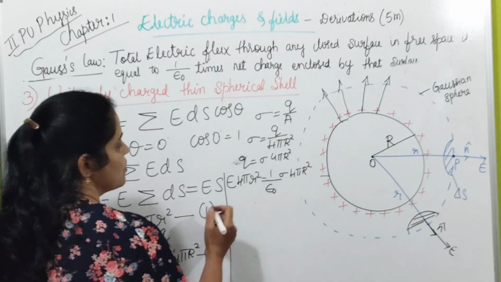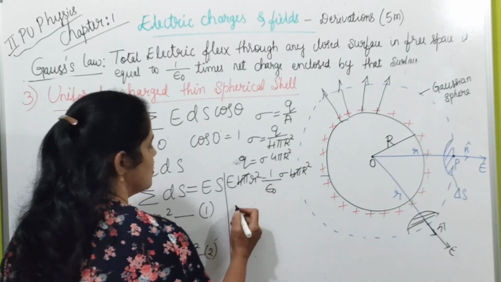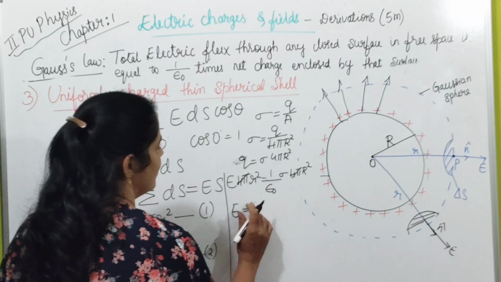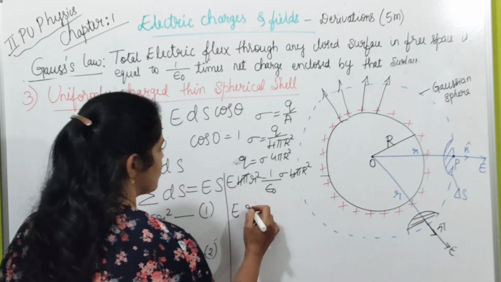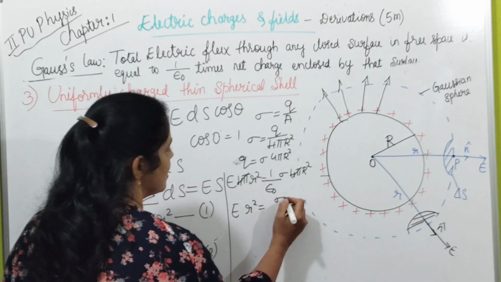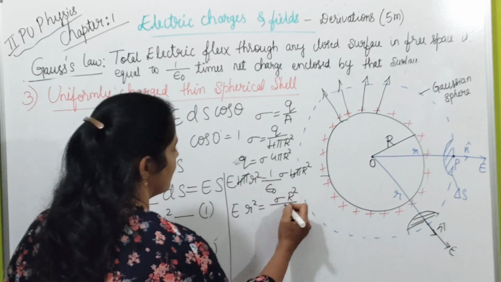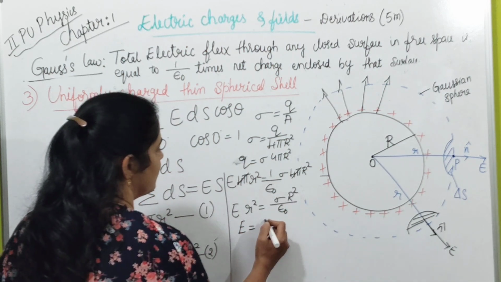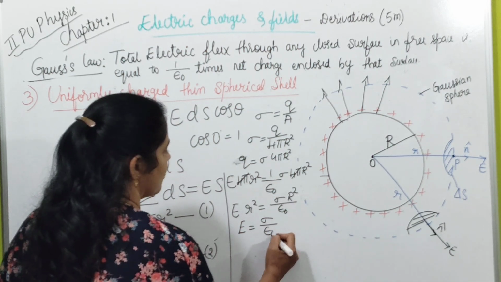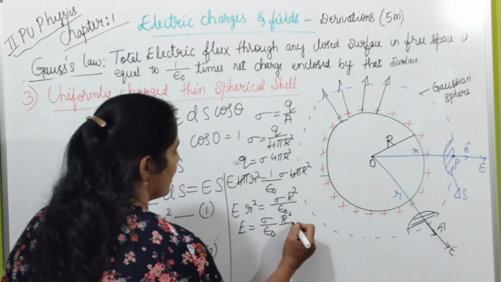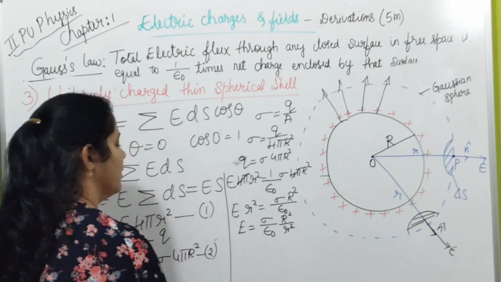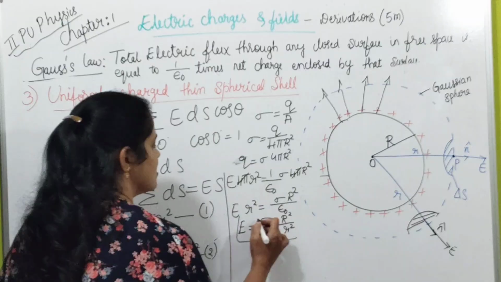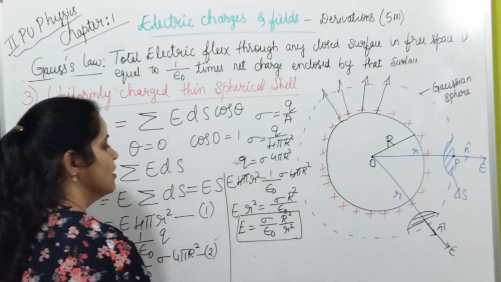Okay. So then 4 pi cancel. So here let us write E into r square is equal to sigma capital R square divided by epsilon naught. Or you can write E is equal to sigma by epsilon naught into capital R square by small r square. You can consider this as one of the equations.